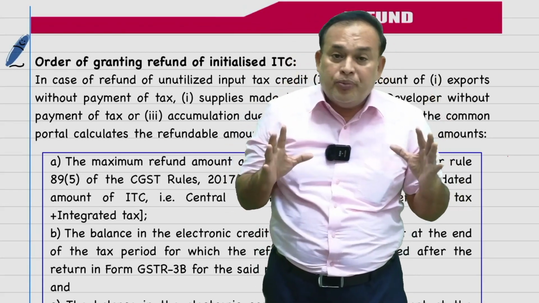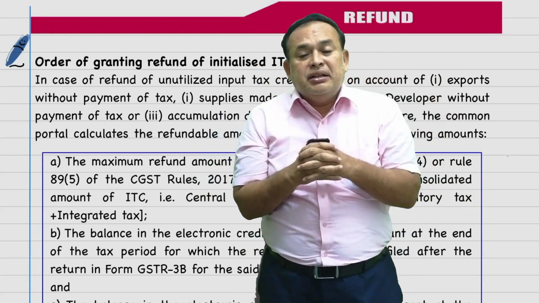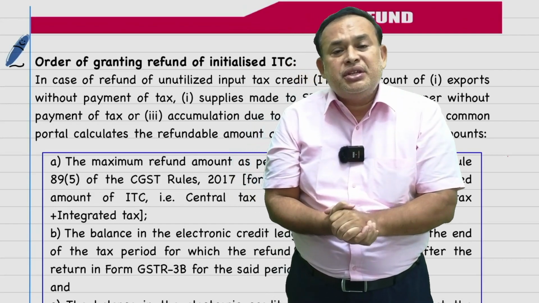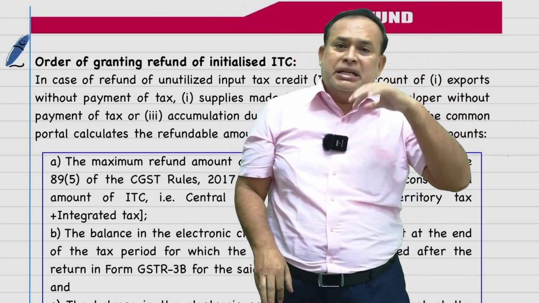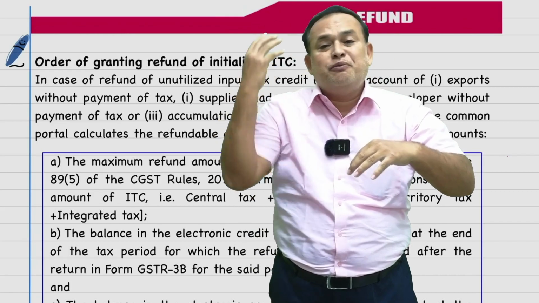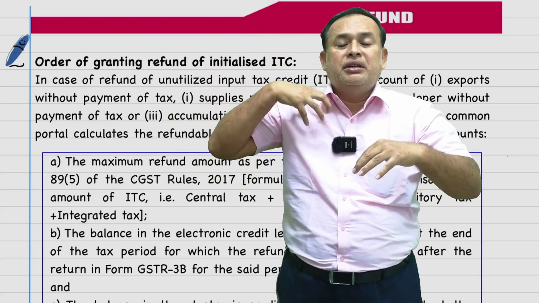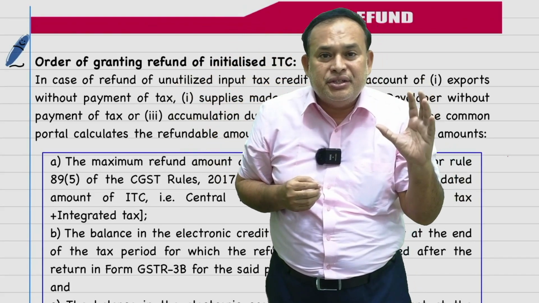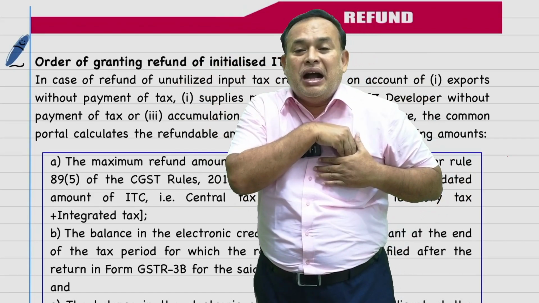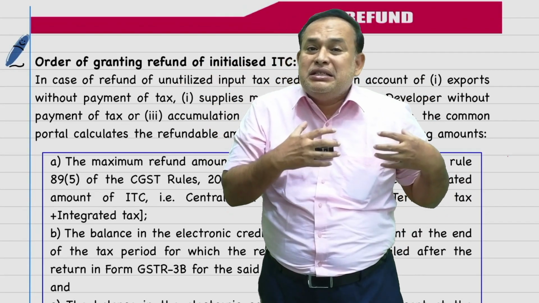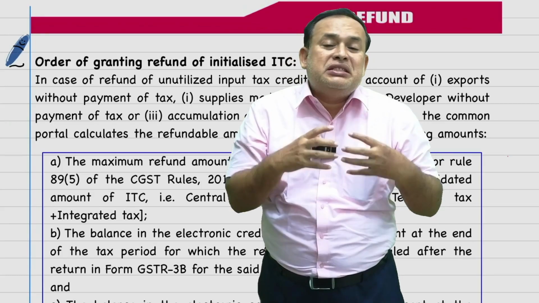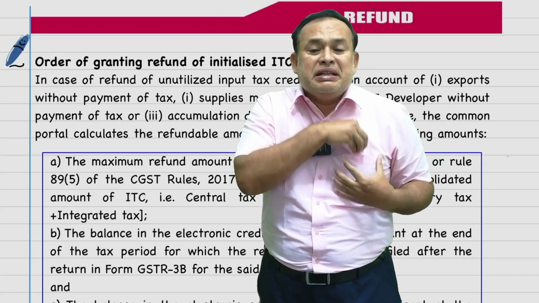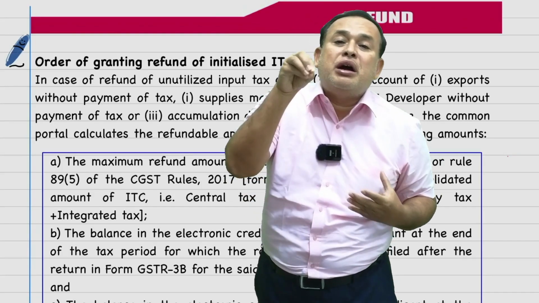Now, one more point. Sir, in what circumstances, when payment is not realized but I claimed the refund for export of goods, is the refund not required to be returned to the department?